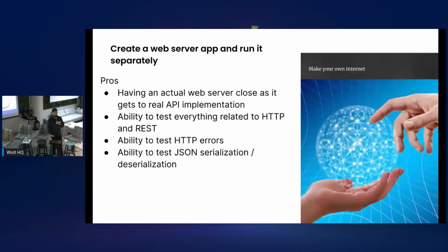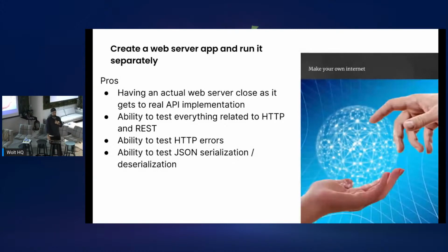And if you make a web server on the side with a different technology, with a different project in Docker or something locally, just run it on the side. Then the pros are that you have an actual web server, as close as it gets to having a real API implementation.